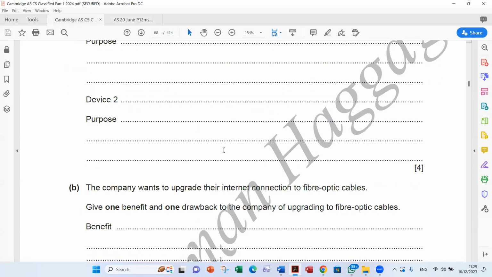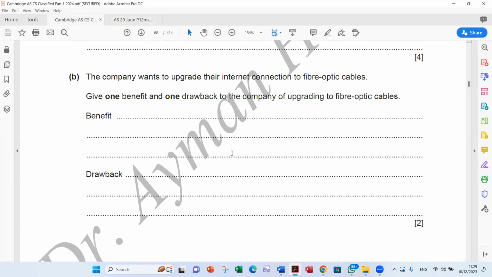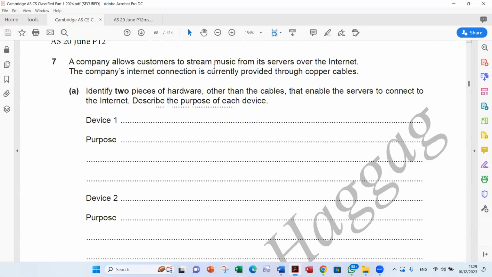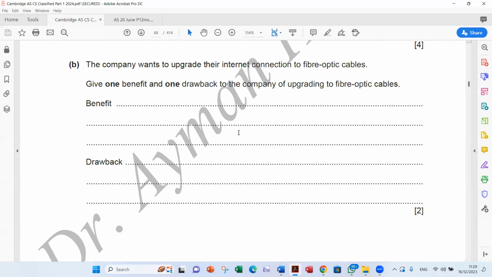Okay. Next, the company wants to upgrade their internet connection to fiber rather than copper. Here it says copper cables. They would like to upgrade to fiber. What are the benefits? Here they want one benefit, but the mark scheme will give you all possible benefits and all possible drawbacks of having fiber compared to copper.